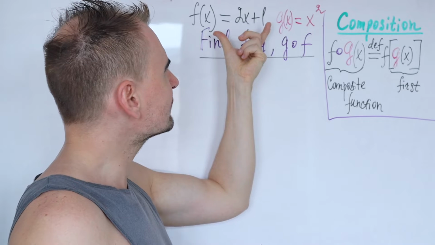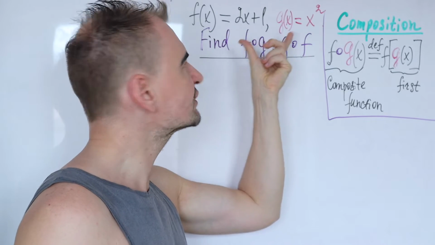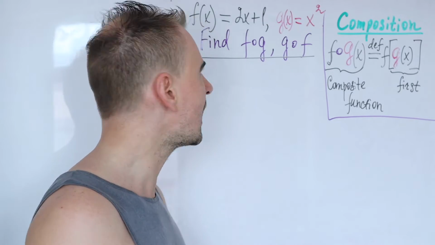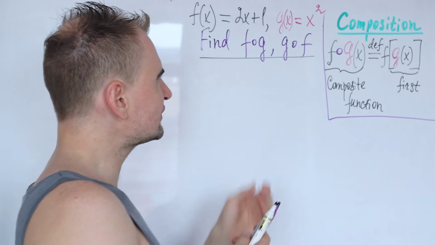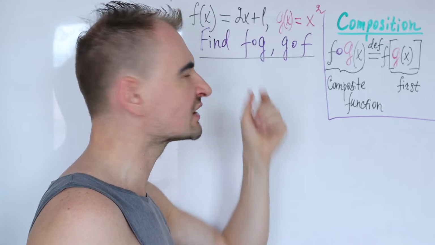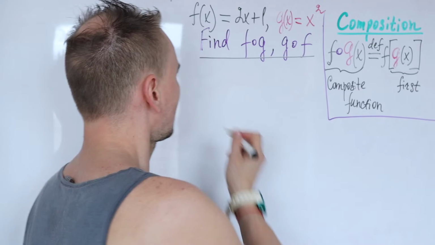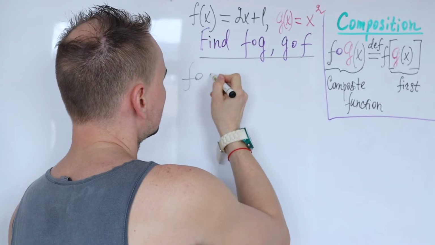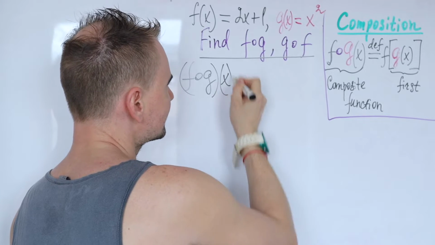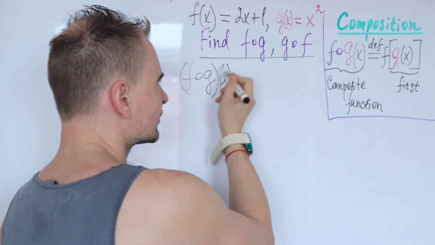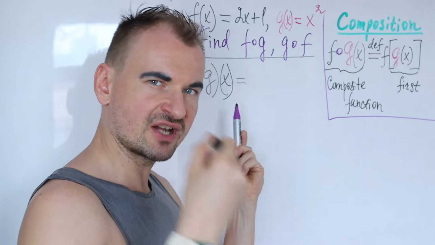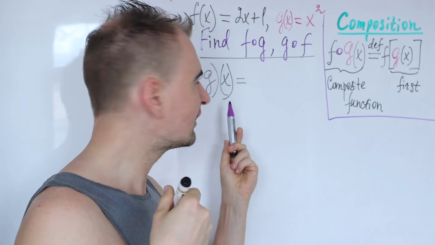Let's say we are given 2x plus 1, this is your f function, and x squared, this is your g function. Now, find the composition f of g. So f, little circle, g. We could write the parentheses, and we need to attach this x, the variable.